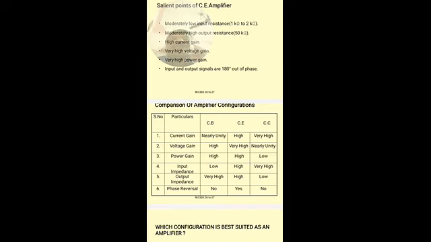Input impedance is very high. So input impedance in the common base configuration: the emitter is the input terminal, and the emitter is a heavily doped region, so it is going to have a very low input impedance, the lowest of all the three.